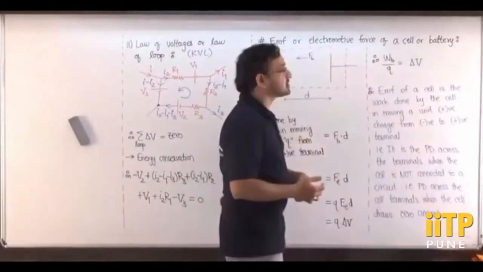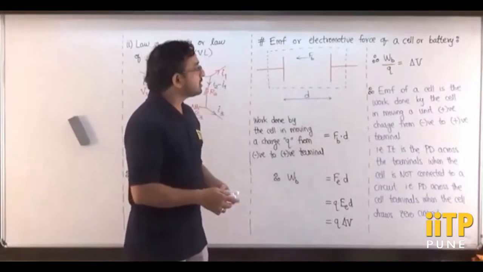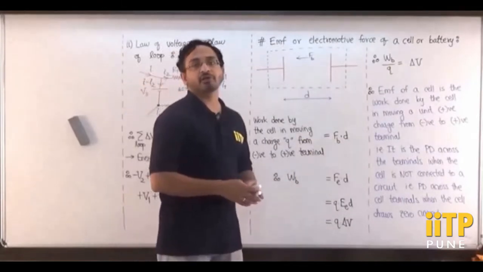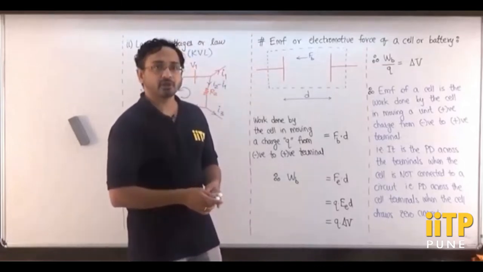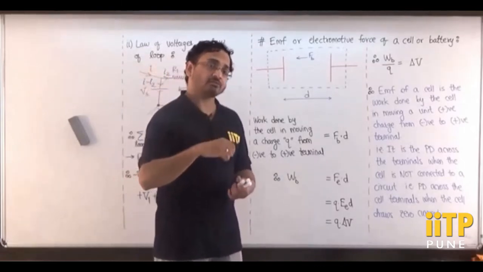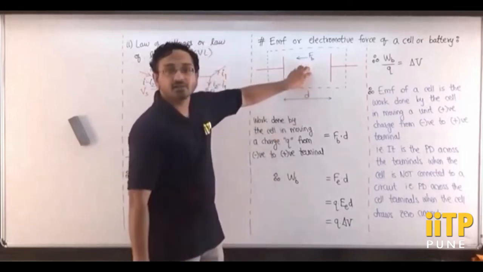Because of the nature of the chemicals and the chemical reactions involved, a separation of positive and negative charges starts. This separation of charge arises out of the chemical reactions taking place inside this cell.